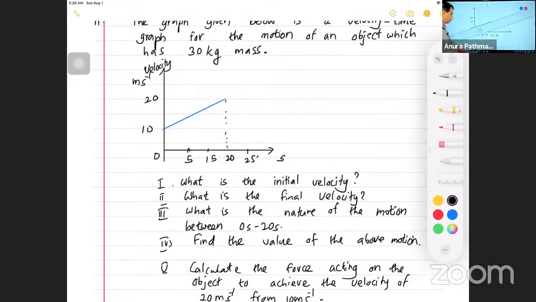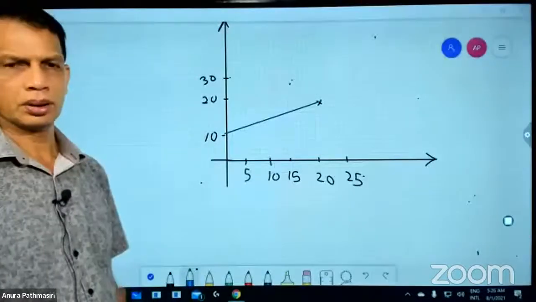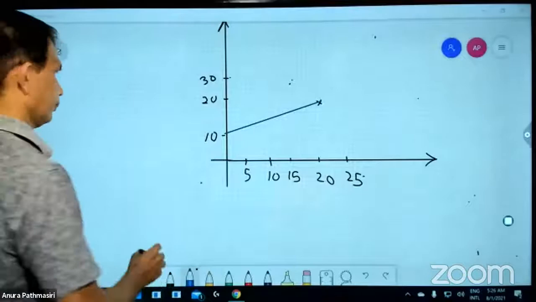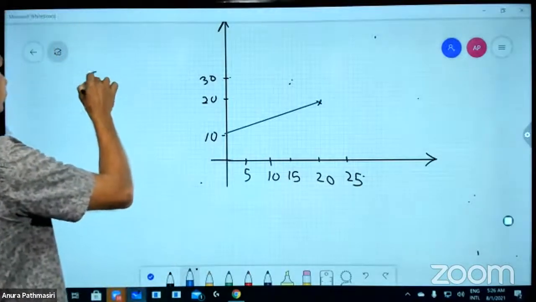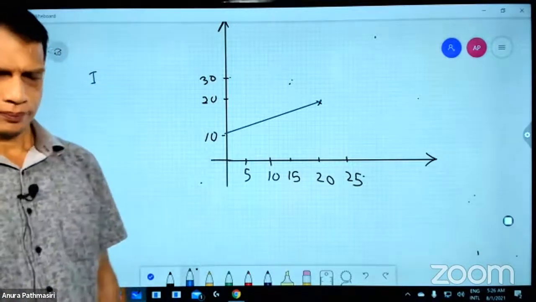This is the question, right? As you can see, what is the initial velocity? The answer? 10 meters per second.